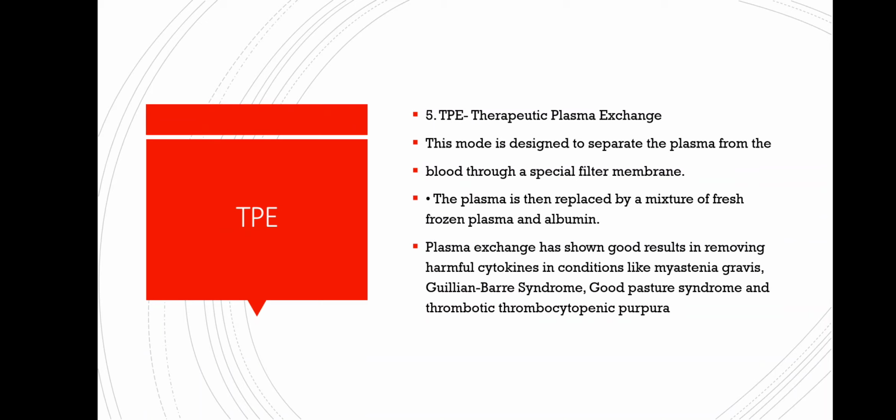Therapeutic plasma exchange has shown good results in removing harmful cytokines in conditions like Behcet syndrome, Goodpasture syndrome and thrombotic thrombocytopenic purpura. These are the conditions for therapeutic plasma exchange.